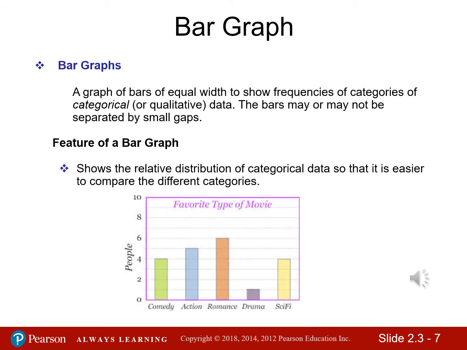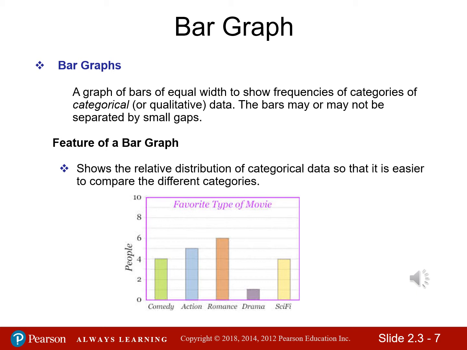A bar graph is a graph with rectangular bars. The bars of the bar graph have equal width to show frequencies of categories of qualitative data. The bars may or may not be separated by small gaps. Although the graph can be plotted vertically with the bars standing up, or horizontally, bars laying flat from left to right, the most usual type of bar graph is the vertical.